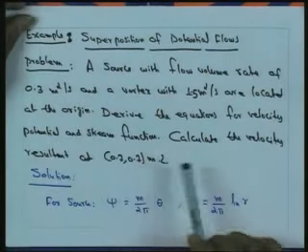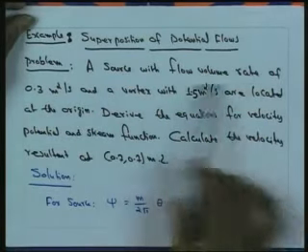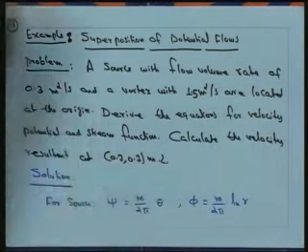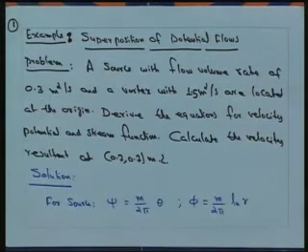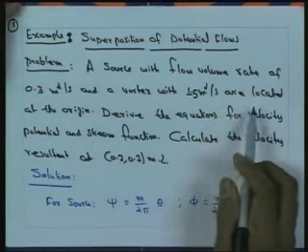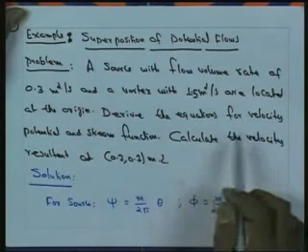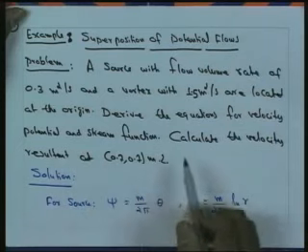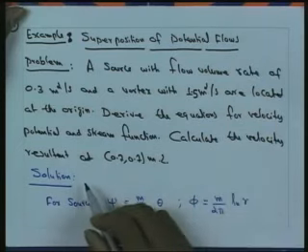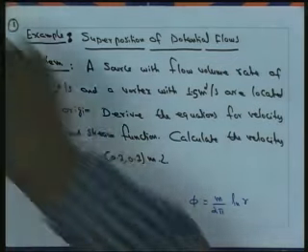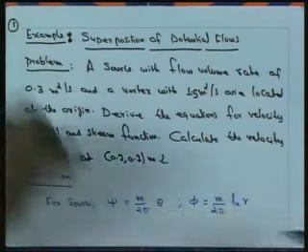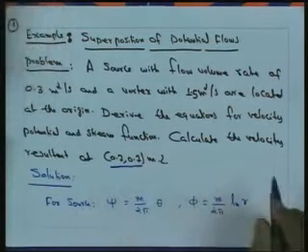The problem is: a source with a flow volume rate of 0.3 meter square per second and a vortex with 1.5 meter square per second are located at the origin. Derive the equations for velocity, potential and stream function. Calculate the resultant velocity at 0.7 meter at the ordinate 0.7 meter.